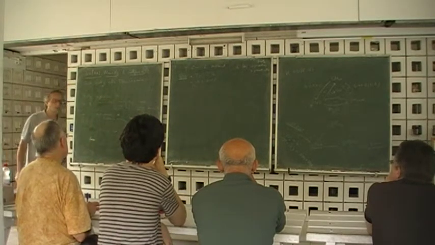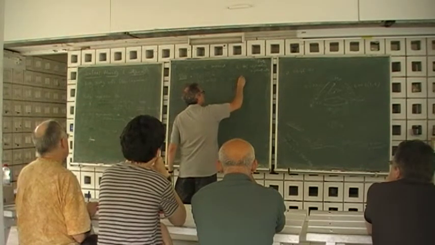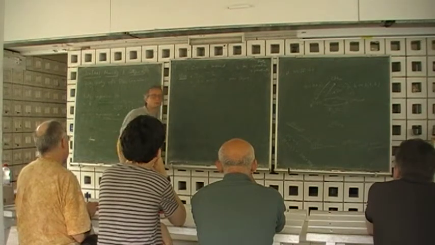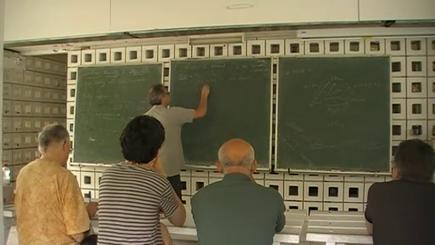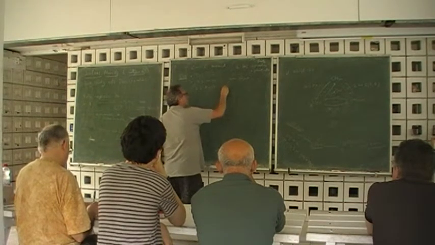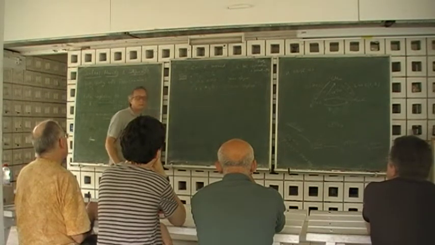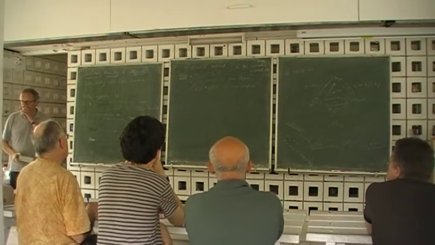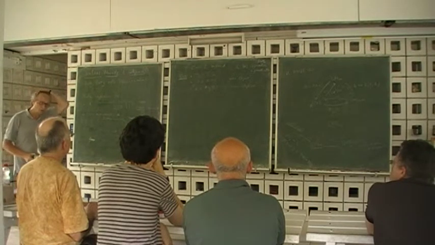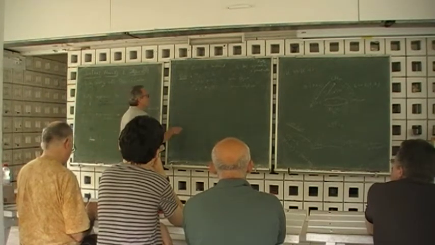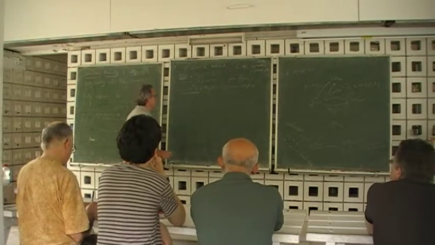So 0 is the initial object of C, is a 0 object, so it's not only initial but also final. And 1 in the category of algebras of T is also a 0 object. Basically, if you think about it, you see what the proof is. It's 1 or 2 line proofs.